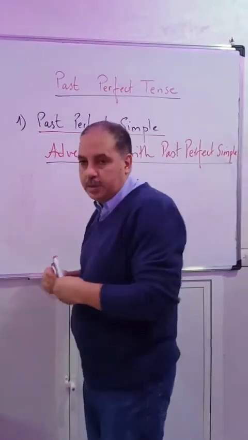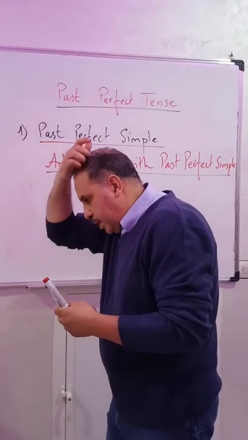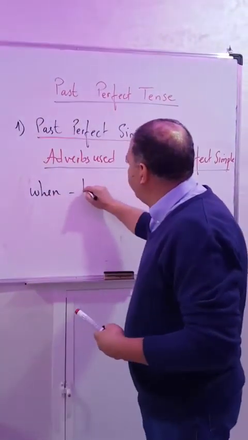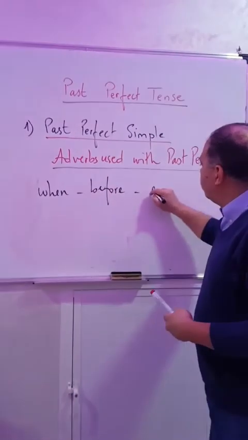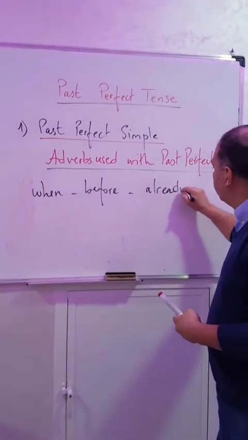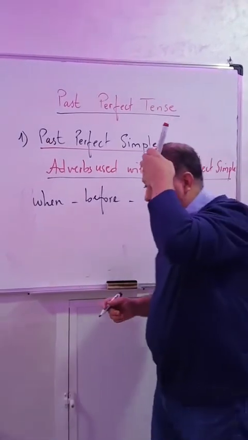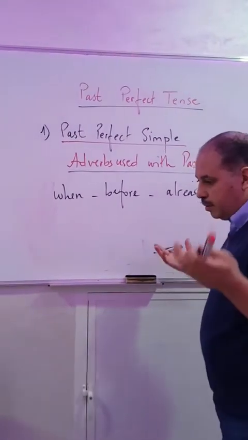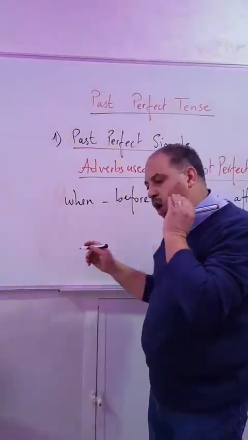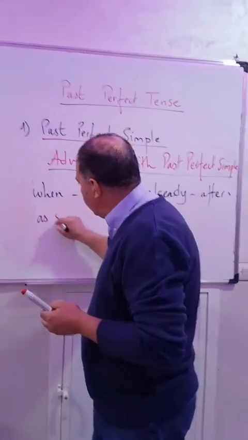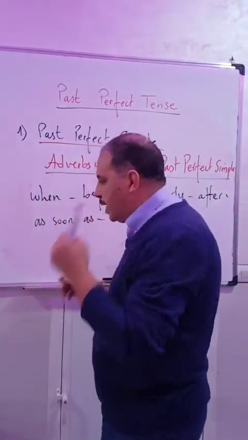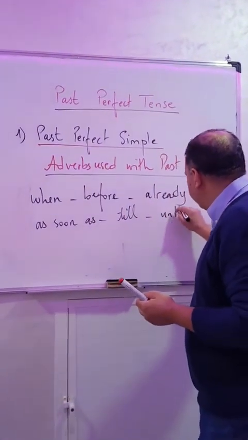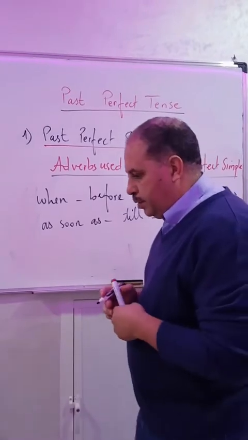We have already talked about, for example, when, then, before, already, and also after. Then we can talk about as soon as, till and until.